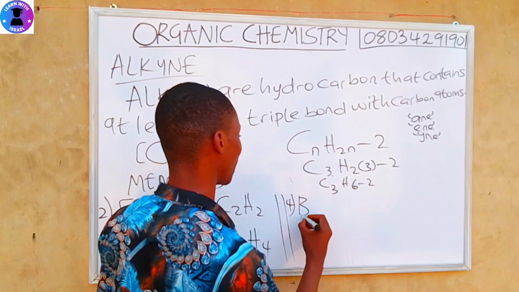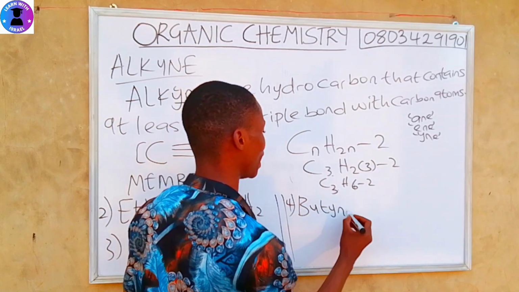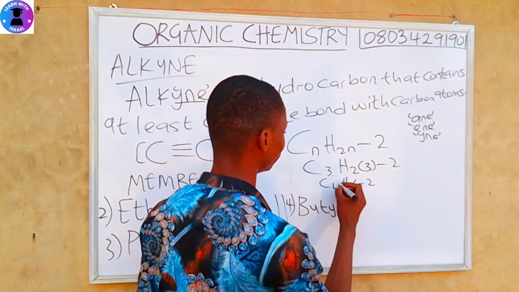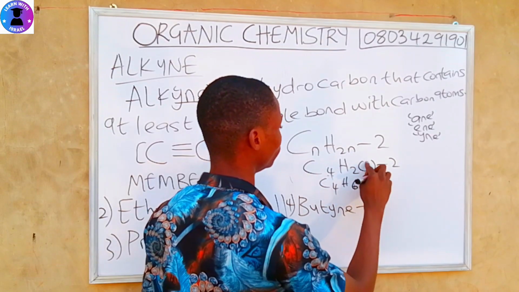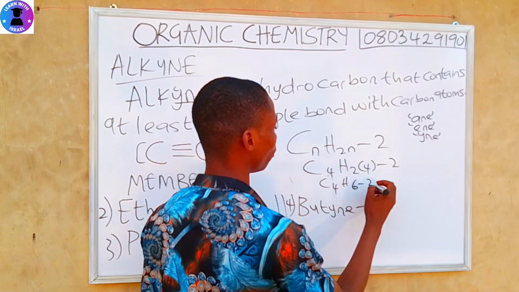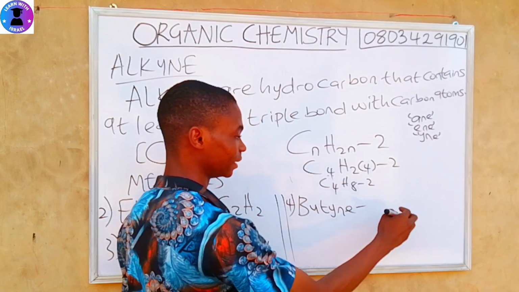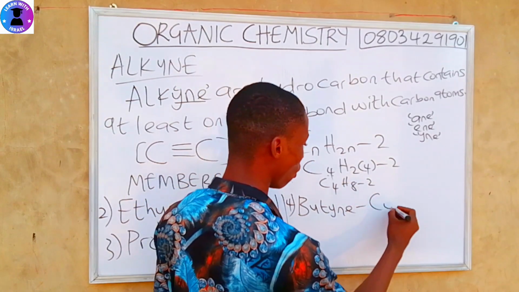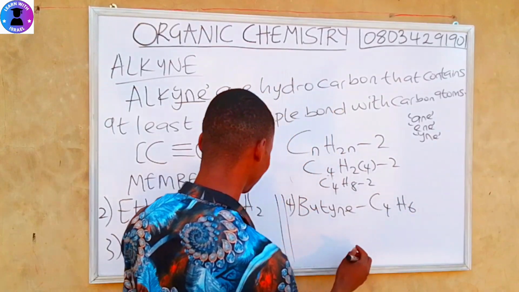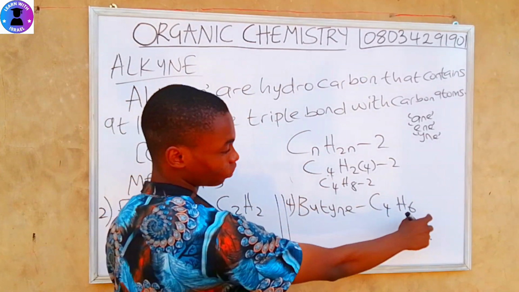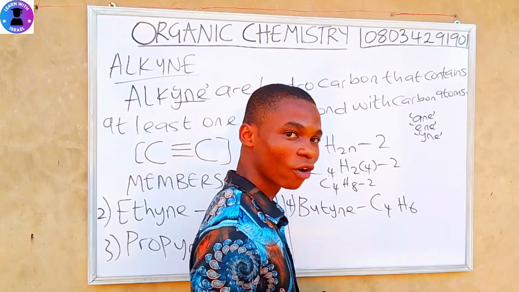So the next one is butyne. Butyne is 4. Let's replace the number of hydrogen with 4. 2 multiplied by 4 is 8. So 8 minus 2 is 6. So it is now C4H6. You can see if you add 1 here, it returns to 4. If you add 2 here, it returns to 6. You can see I am also correct using this.